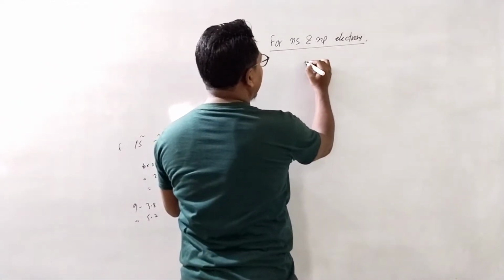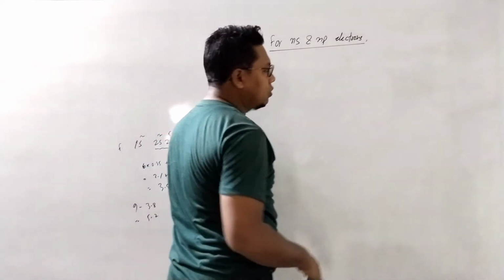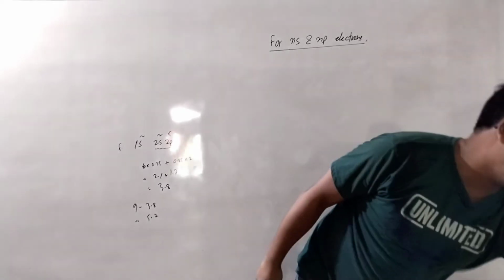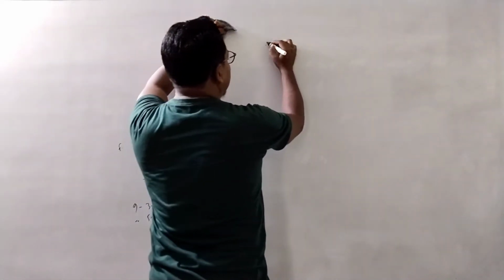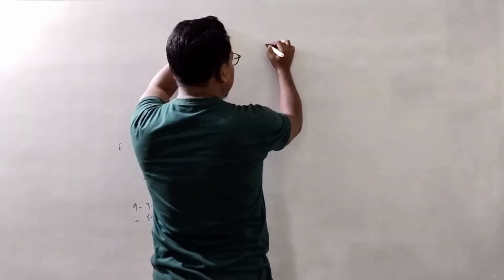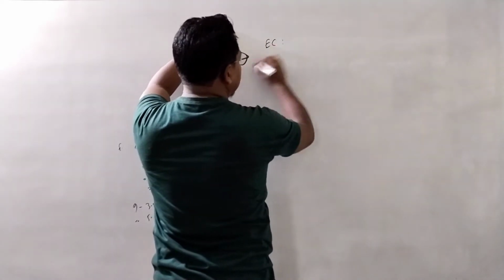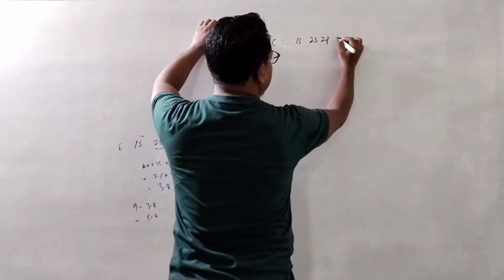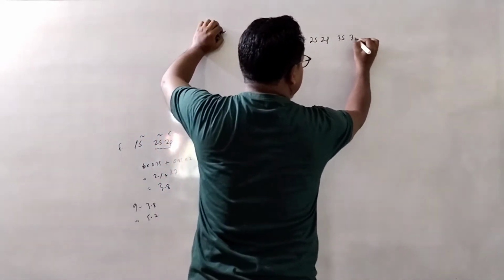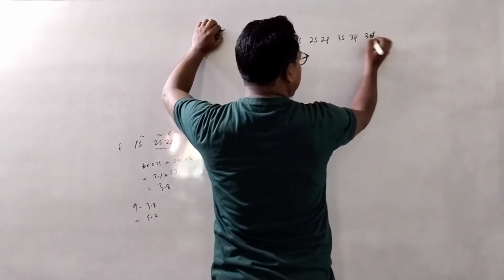First of all we need to write the electronic configuration in this order, energy order: 1s, 2s, 2p, 3s, 3p, then 3d.